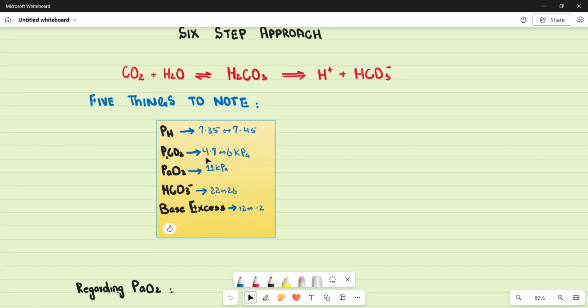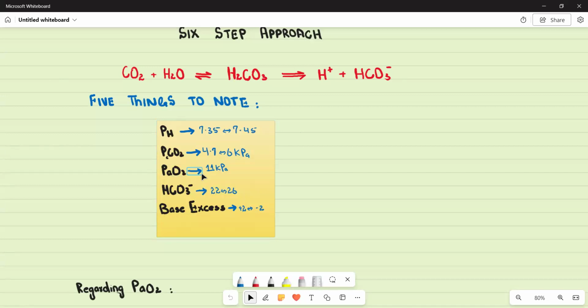The normal partial pressure of carbon dioxide is between 4.7 to 6 kilopascals, or 35 to 45 millimeters of mercury. Different units are used in different countries, so feel free to memorize whatever units are used in your country. So either 35 to 45 millimeters of mercury or 4.7 to 6 kilopascals. You need to memorize that. Unfortunately, there is no other way around it.